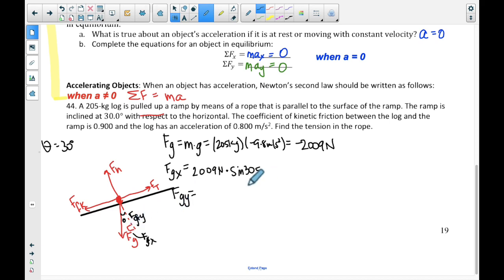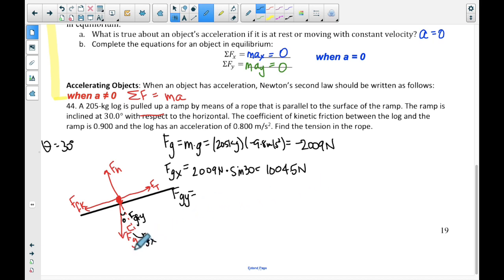So it's going to be 2009 times the sine of 30. It's 2009 because that's the force of gravity, so that's that vector. That's the hypotenuse. So 2009 times the sine of 30, which comes out to be negative, or for now, let's just call it positive 1004.5. We can figure out the sign when we go back and evaluate it.